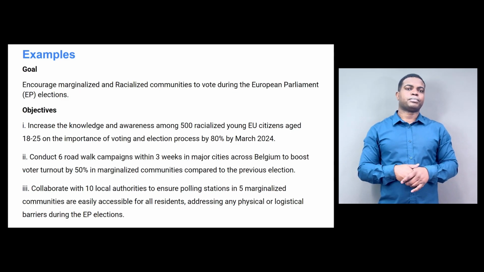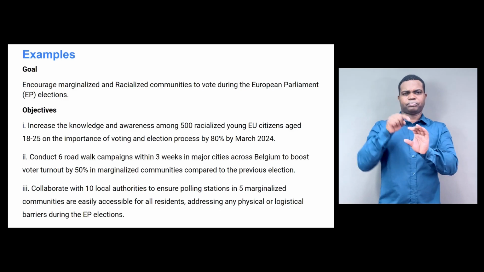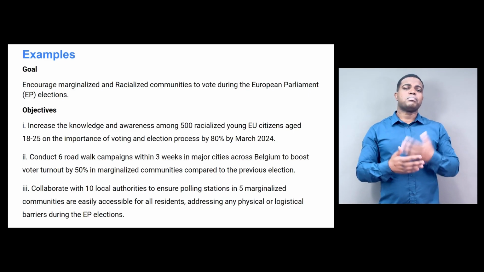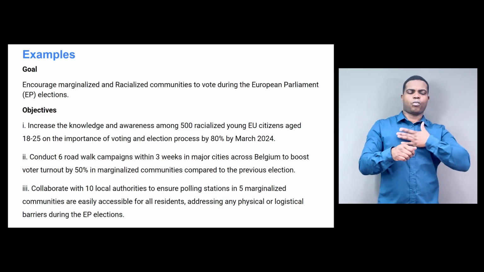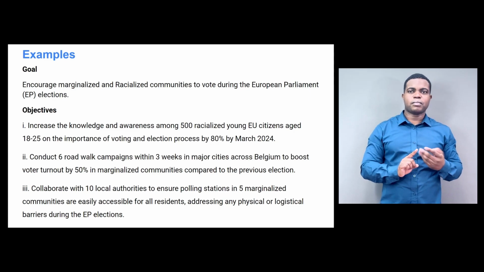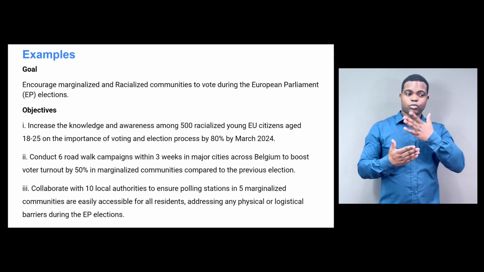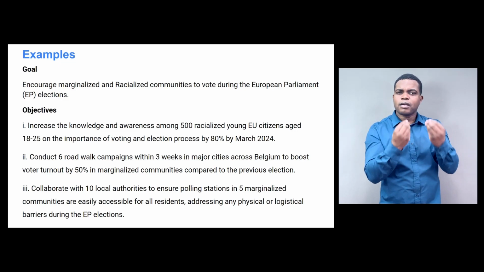These are examples of objectives that could fall under this goal. So you could have all these objectives. You could maybe have one of them. This is just an example. So you have to come up with your own goal and objectives depending on what you want to do in your community engagement effort.